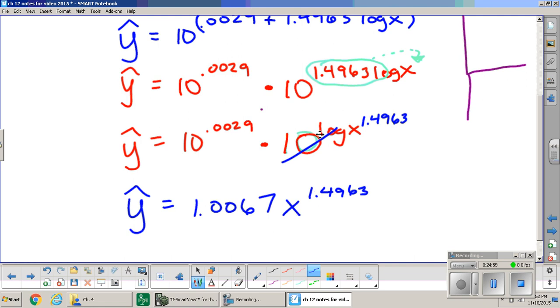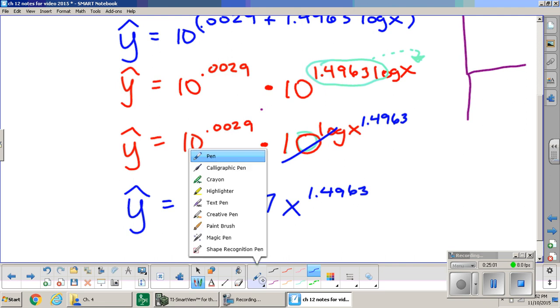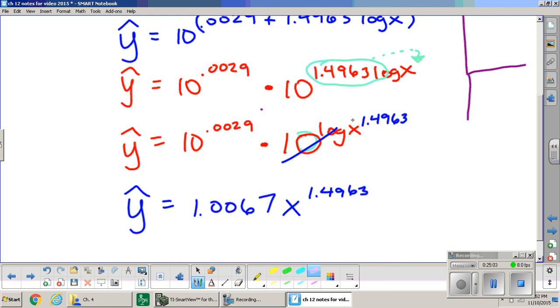We're done. The 10 and the log cancel, so all that's left is this part right here. How do you know you've got a power function at the end? Once again, you have x raised to a number. Doesn't have to be a whole number, any number. It's now a power function.